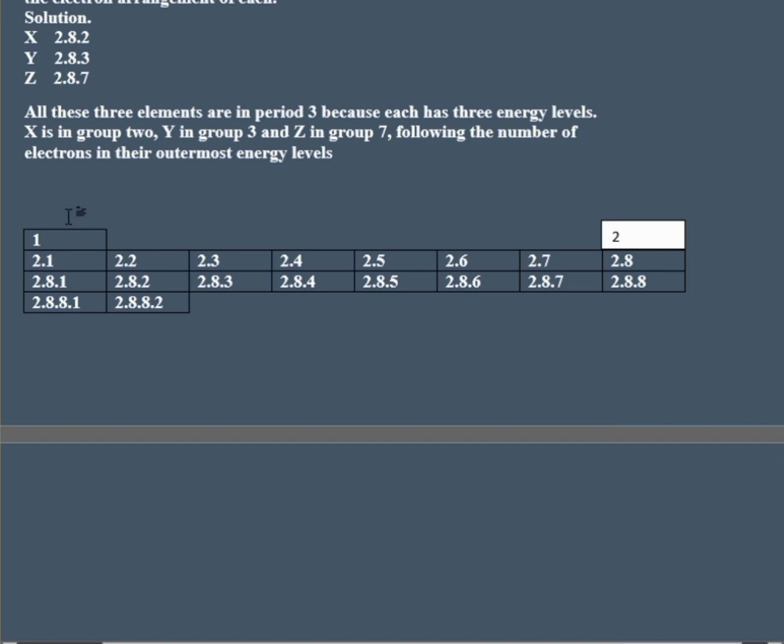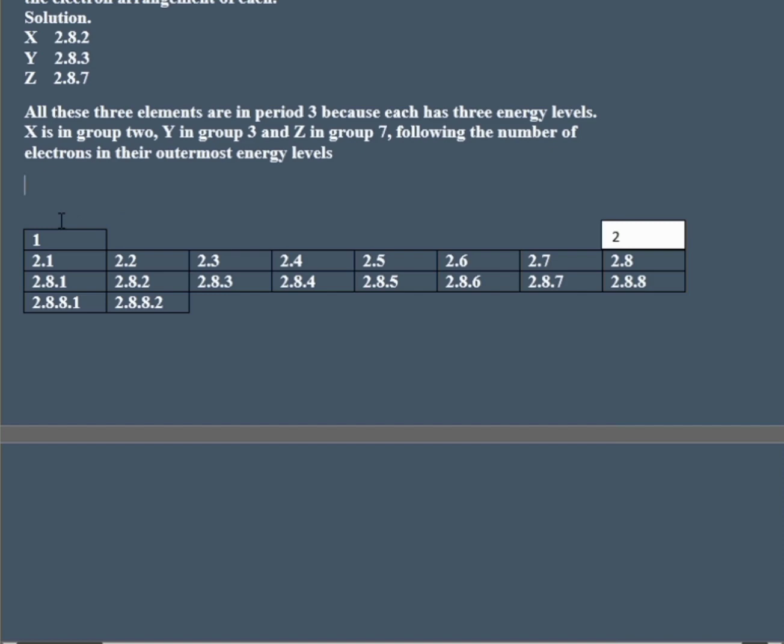The first column is group 1, second is group 2, group 3 third, group 4 fourth, group 5 fifth, group 6 sixth, group 7 seventh, then you have group 8, the column 8.